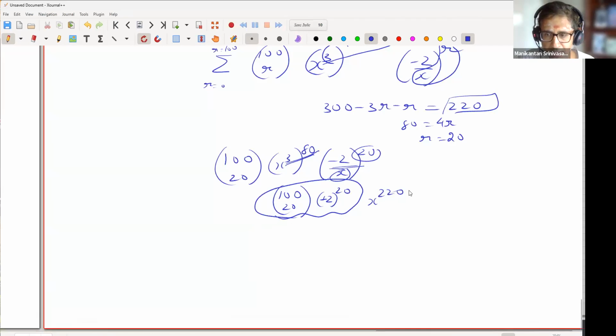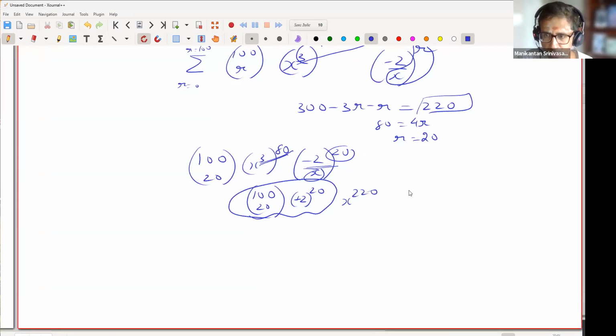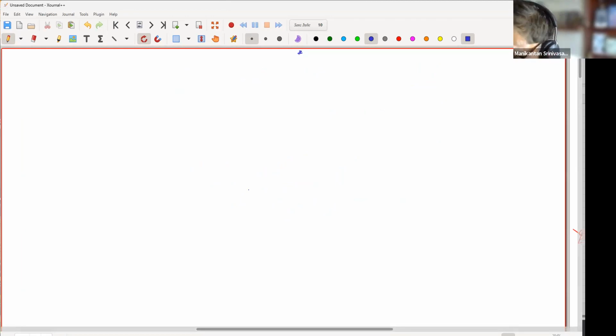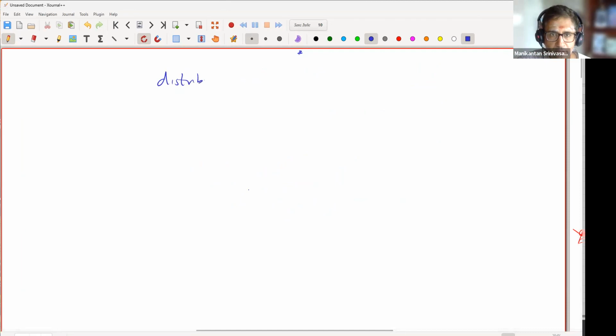Okay, all right. And then in permutation combination, I just want to do one or two other distribution type problems. So typically you have the distribution of identical chocolates, let's say.